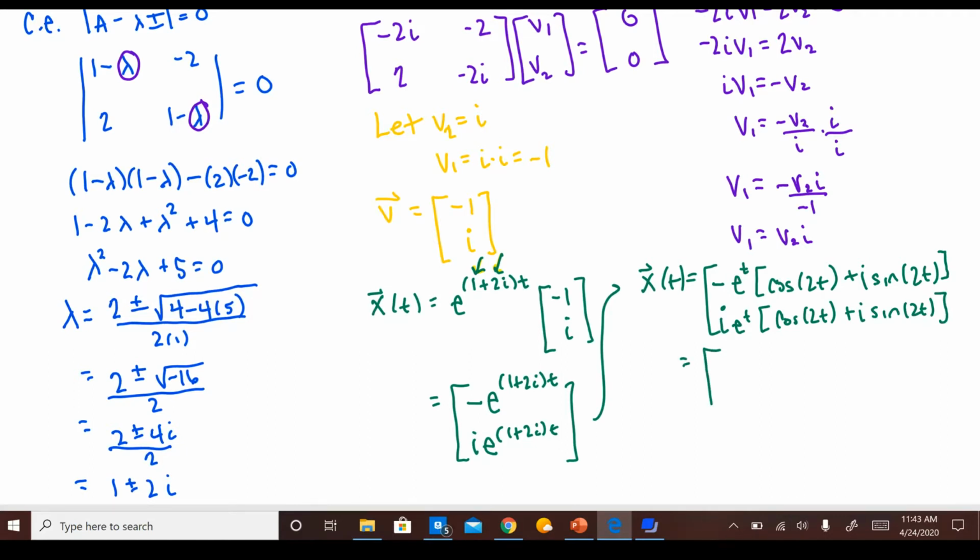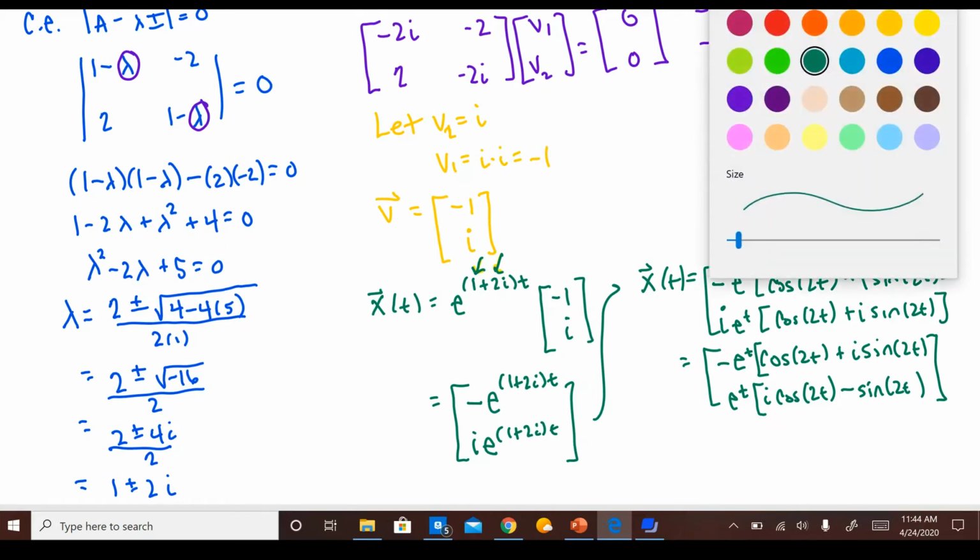Simplifying, we have no change up here. And down here, distributing the i, we have e to the t times i cosine of 2t plus i squared, or minus 1, sine of 2t. So the idea with these imaginary coefficients is I can rearrange it and have the first particular solution corresponding to the real part and the second particular solution corresponding to the imaginary part.